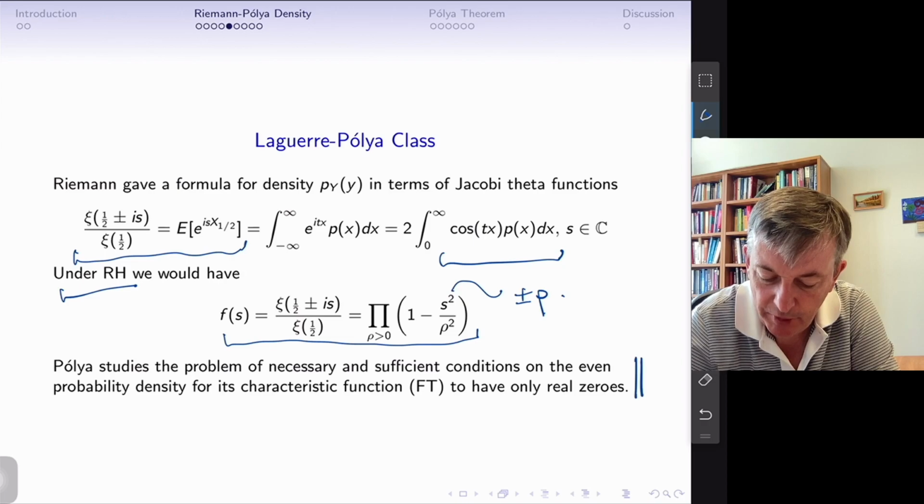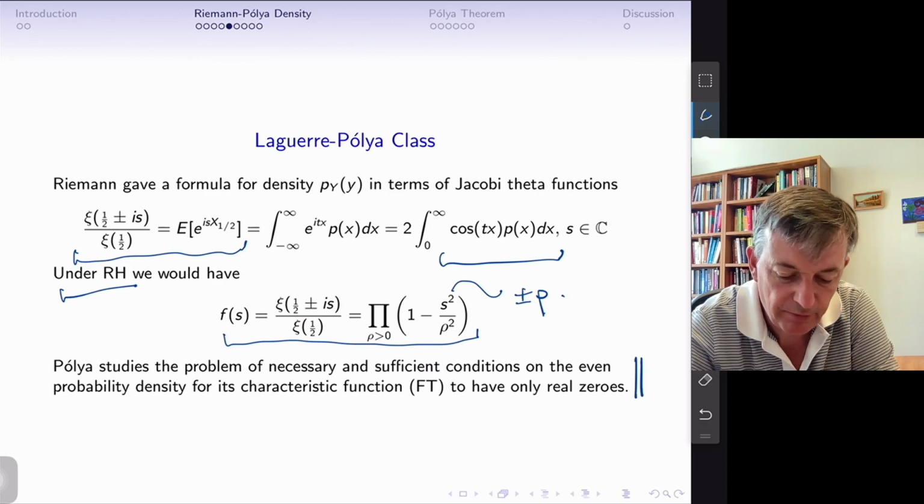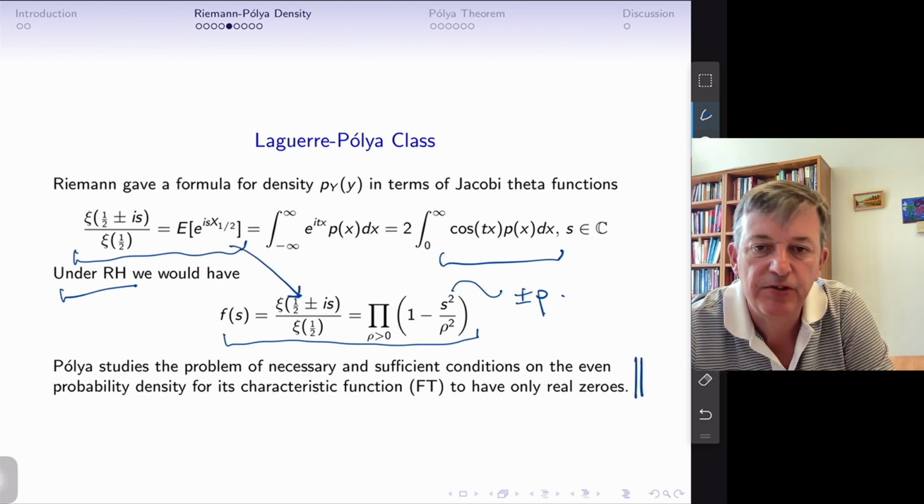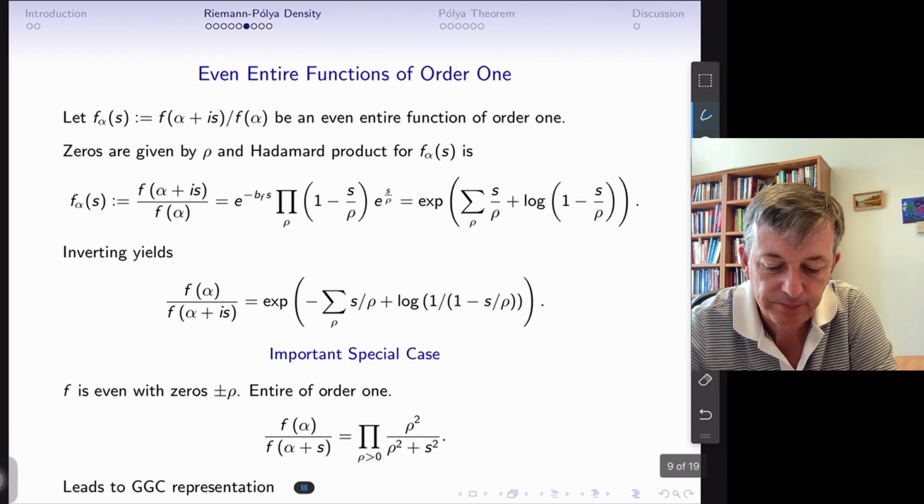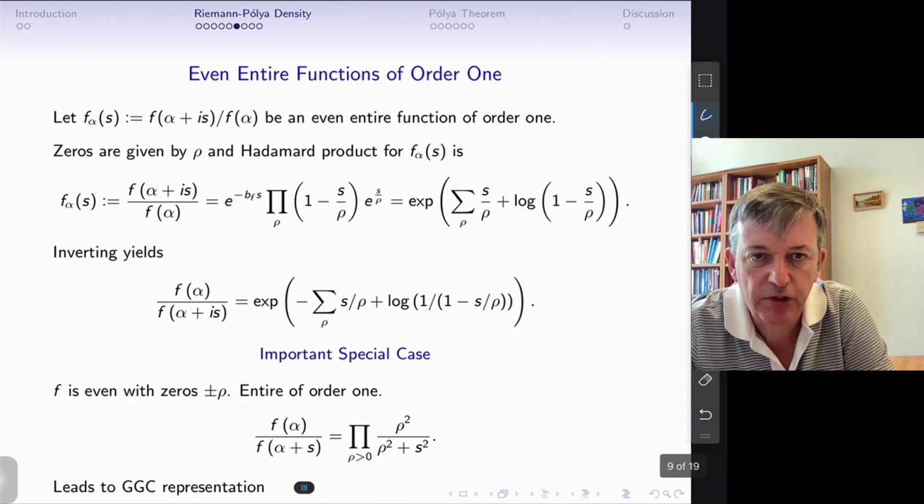And so Polya's framework is to take the Fourier representation of this and just to directly ask that question in terms of what are necessary and sufficient conditions on an even probability density for its characteristic function or Fourier transform to only have real zeros. Okay, so here's an interesting class of functions.